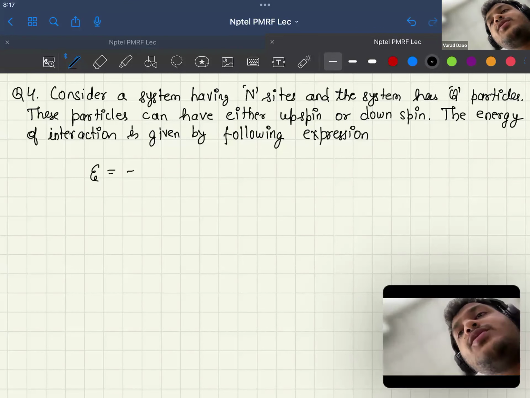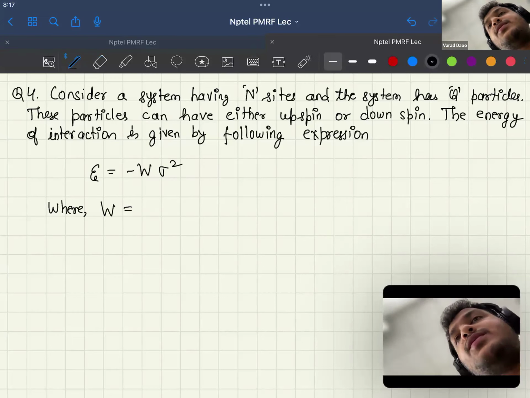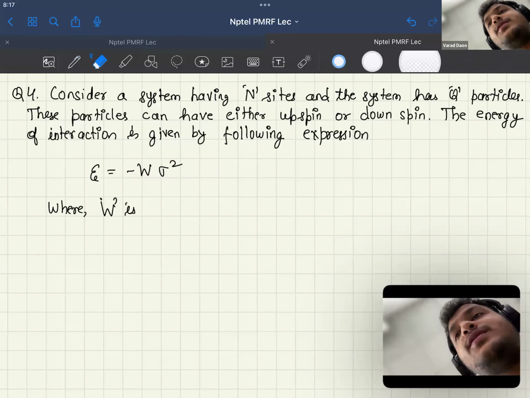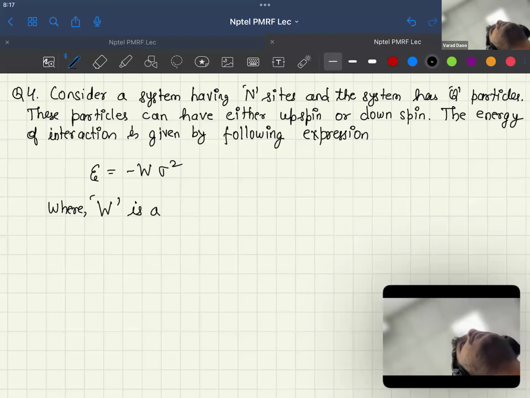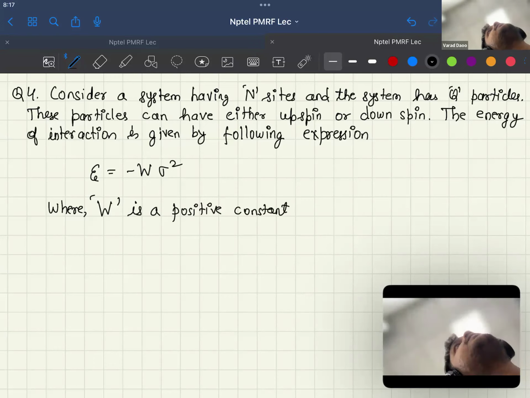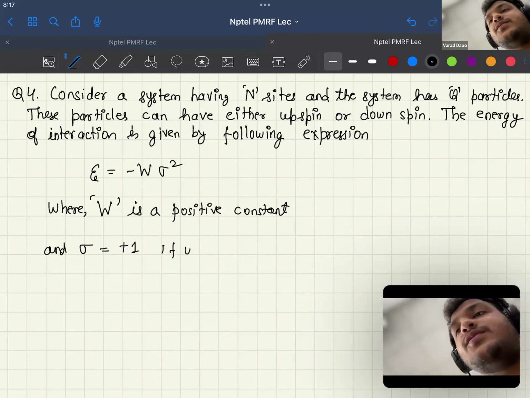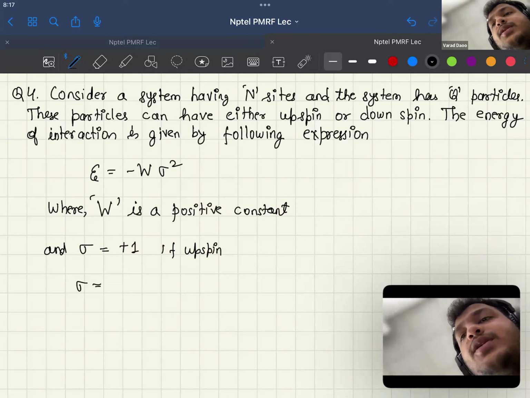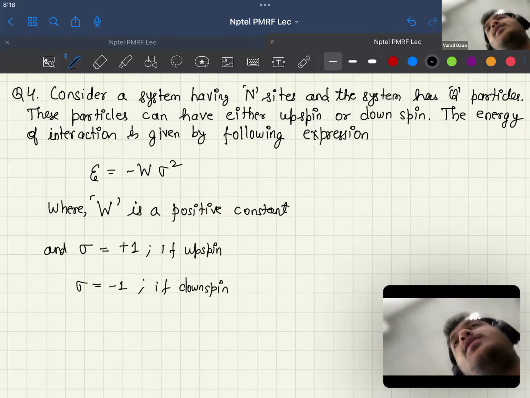which is epsilon equals minus W into sigma squared, where W is a positive constant, and sigma is equal to +1 if upspin, and sigma is equal to -1 if downspin.